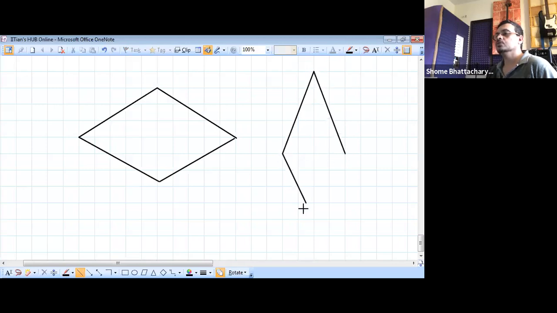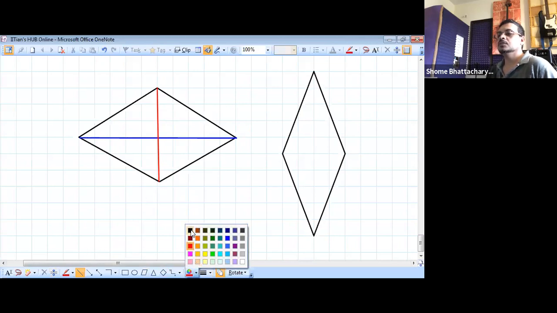Whichever way you choose to draw it, the important property of the rhombus is that the diagonals will bisect each other.